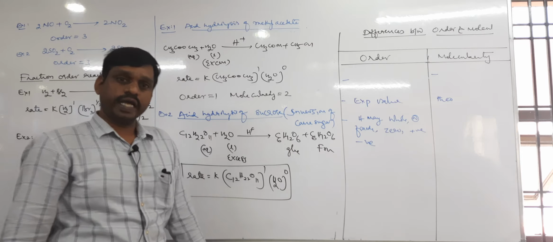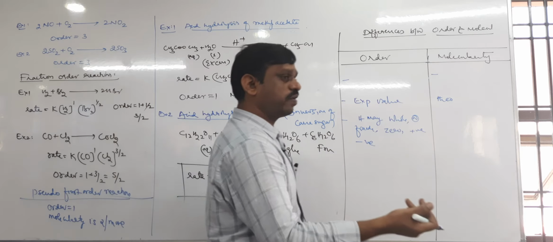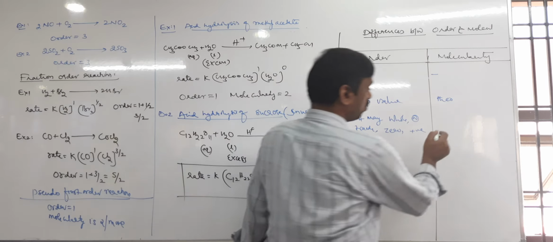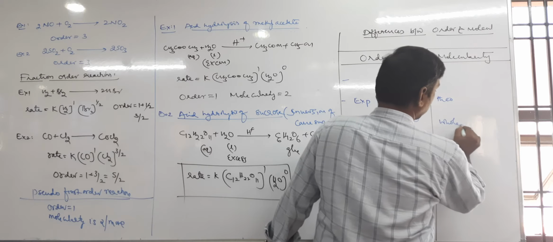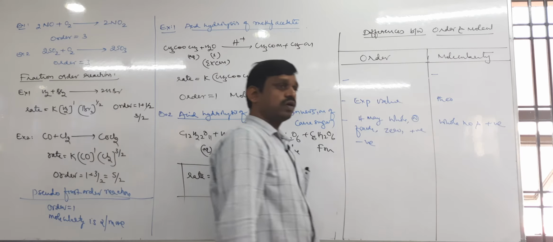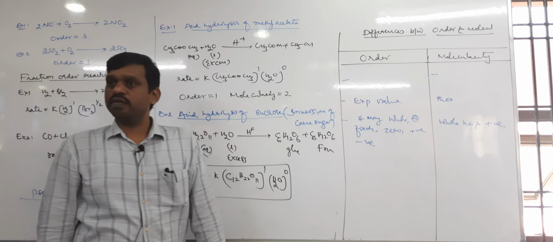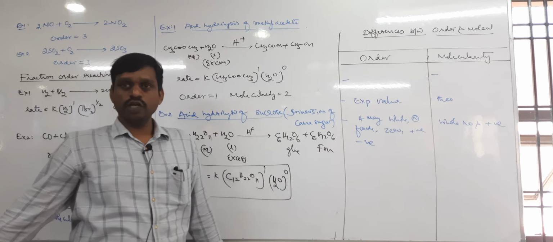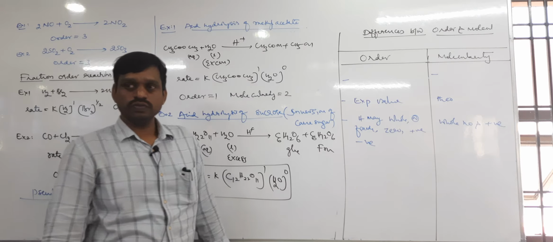So order may be negative, order may be positive, it may be a whole number, it may be a fraction, it may be 0. Molecularity is always a whole number and it is always positive. Molecularity never becomes negative.